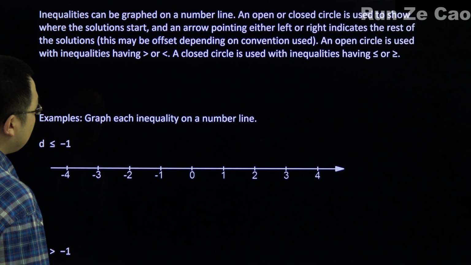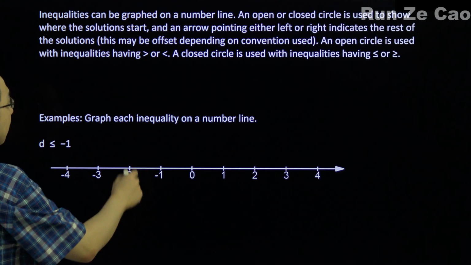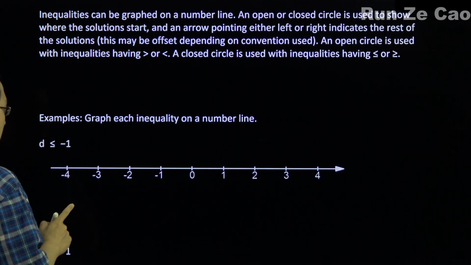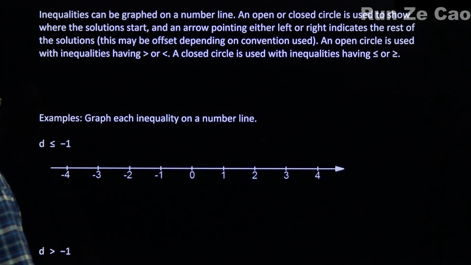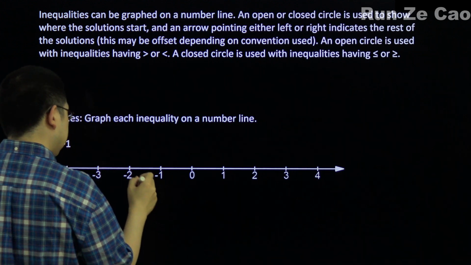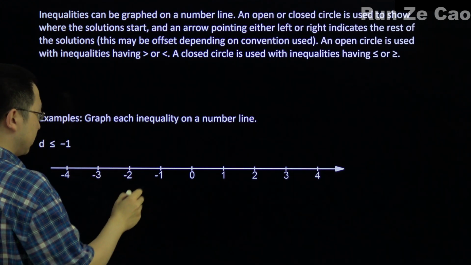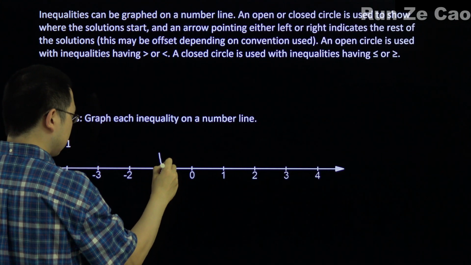Now you can have an arrow pointing either left or right, and this arrow may be offset depending on the convention you use. For example, let's say we have D is less than or equal to -1. Well, depending on the convention you use, you might be looking at this.